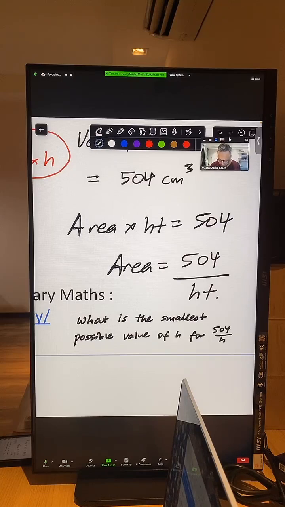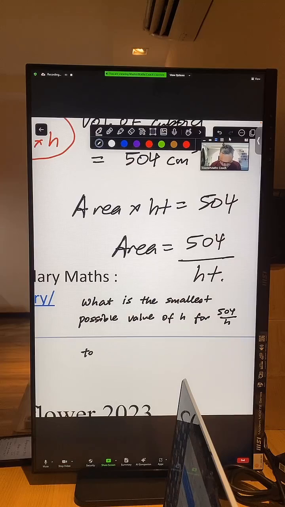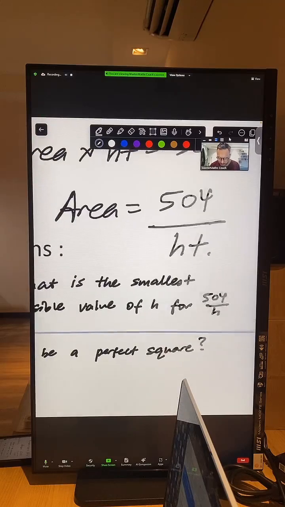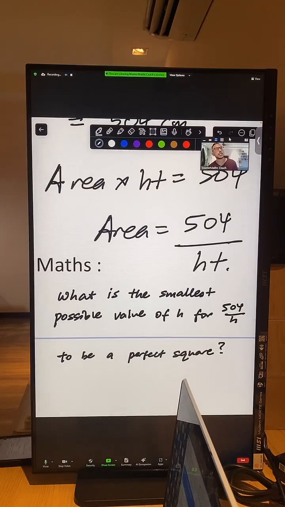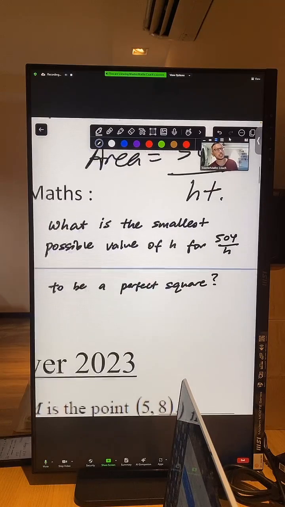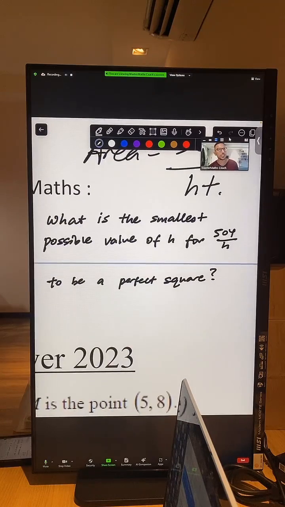So you will get this kind of question in your prime factorization.